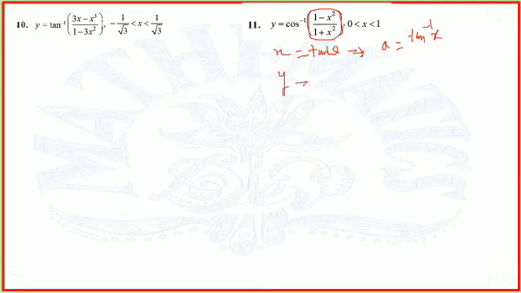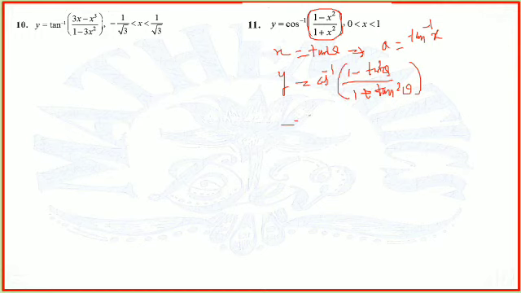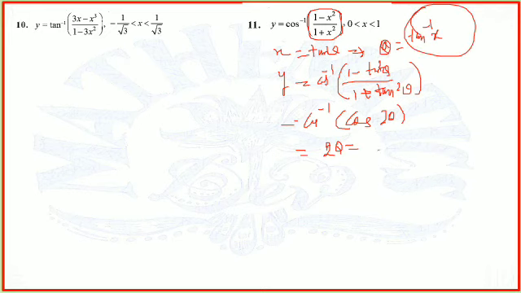So y is equal to, from above, cos inverse of 1 minus tan square theta upon 1 plus tan square theta. This is a substitution now, which is equal to cos inverse, this is the formula of cos 2 theta in terms of tan theta, which is equal to cos inverse and cos cancel, so which is equal to 2 theta, and theta we have tan inverse x, so 2 tan inverse x.